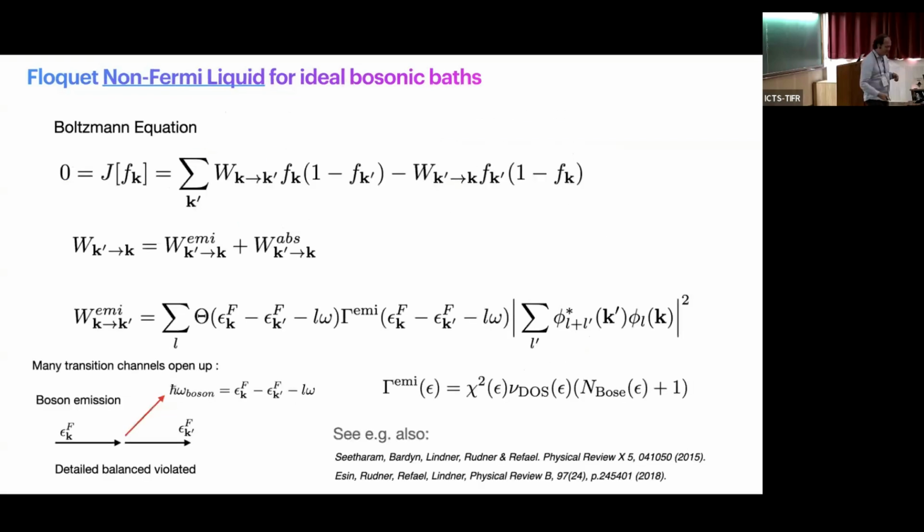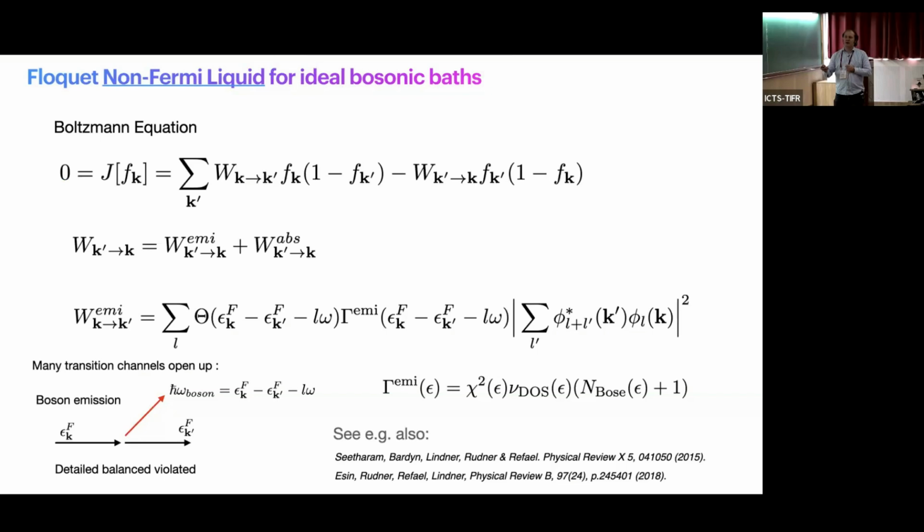So let me flash what these transition rates are. They decompose into two kinds of terms: emission of quanta into the bath and absorption of bosonic quanta from the bath to have electronic transitions. So the emission terms have the following character. The electron comes from a Floquet state and can go into another Floquet state. They might have different Floquet energies.